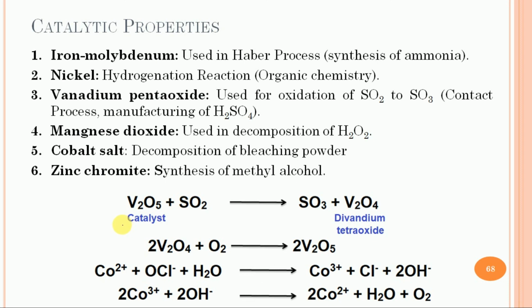For example, during the conversion of sulfur dioxide to trioxide, vanadium pentoxide acts as a catalyst and absorbs sulfur dioxide on its surface, and the molecule of sulfur dioxide changes to sulfur trioxide on its surface, and the catalyst itself changes to vanadium tetroxide.